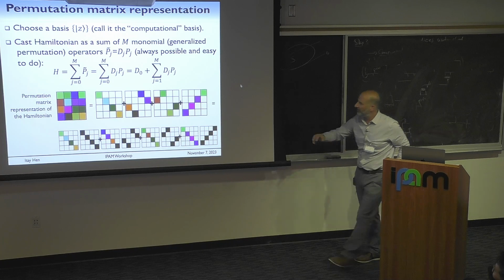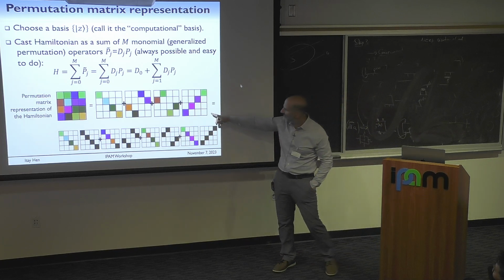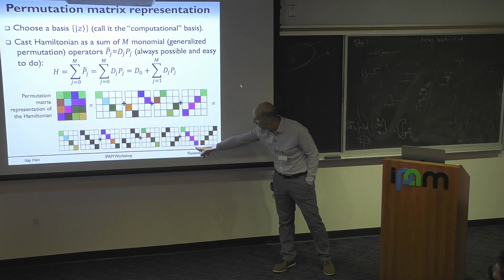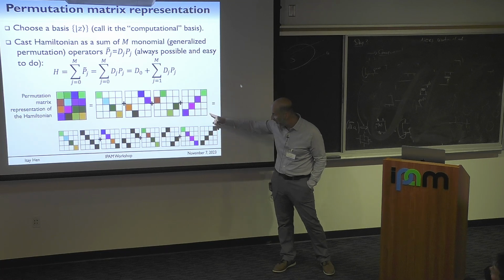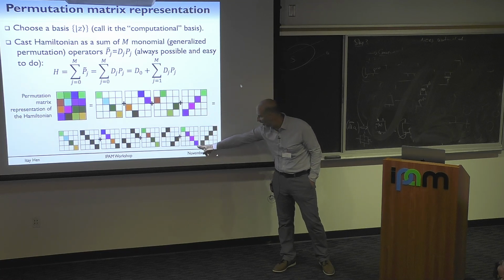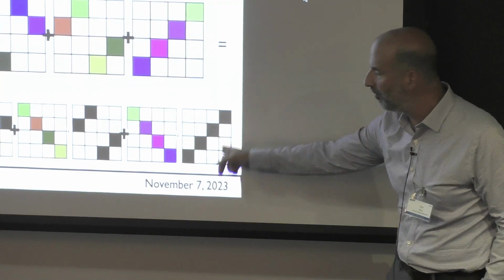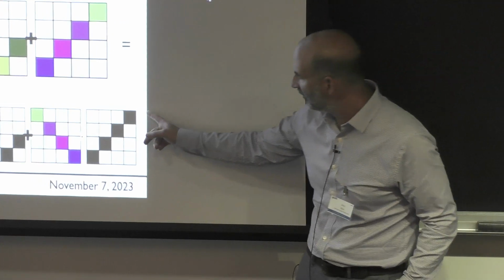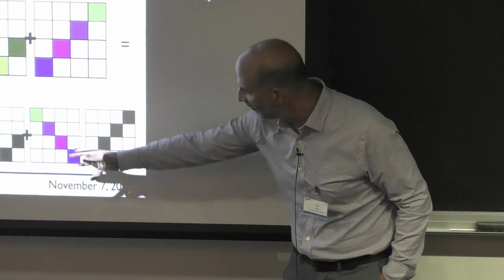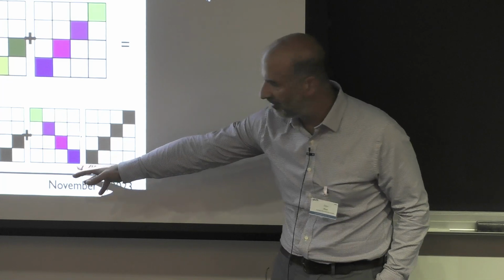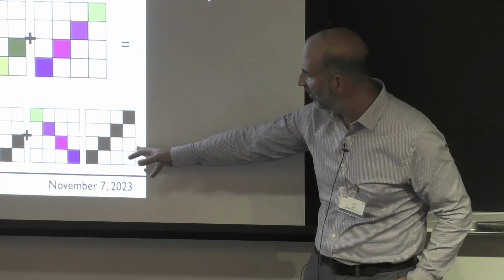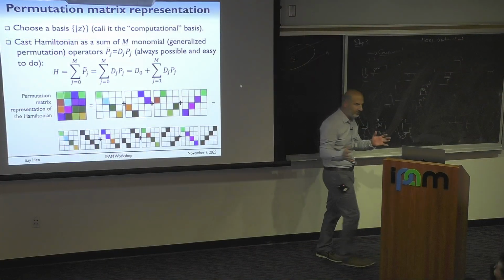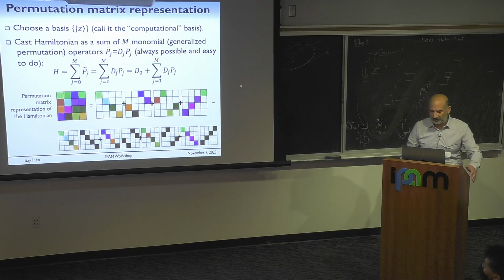And the point is that each generalized permutation matrix, you can write as a diagonal matrix times a bona fide permutation matrix. So you shove the constants that are not one into a diagonal matrix, and then you're left with a matrix of ones and zeros. That's a permutation.